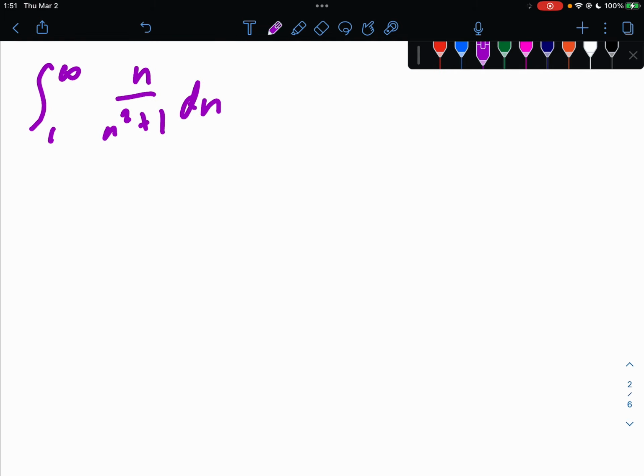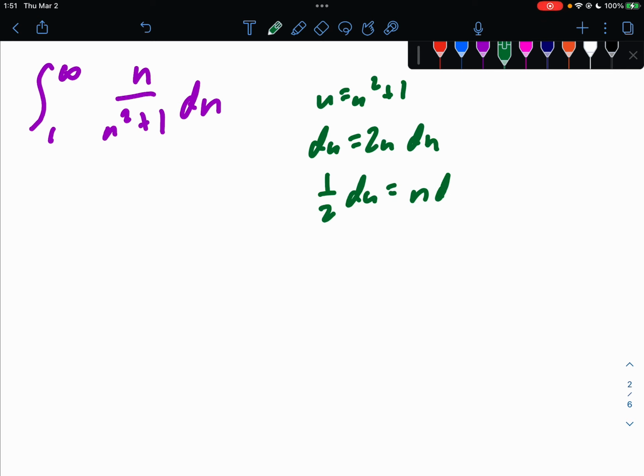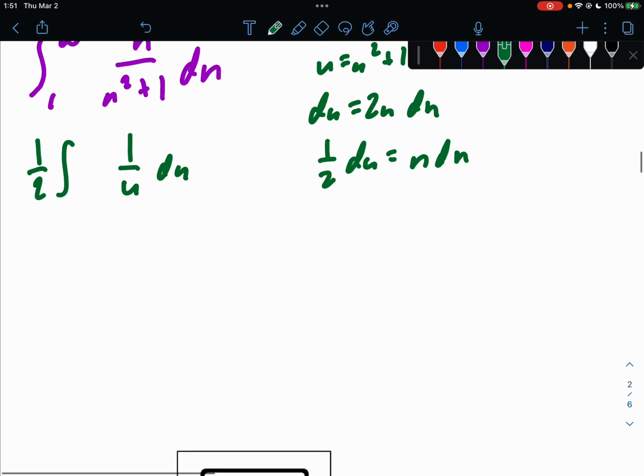All right, I'm going to need to probably do this using some substitution here. So u equals n squared plus 1. All right, so this would be 1/2 integral of 1 over u du, which is going to be 1/2 ln absolute value of u.